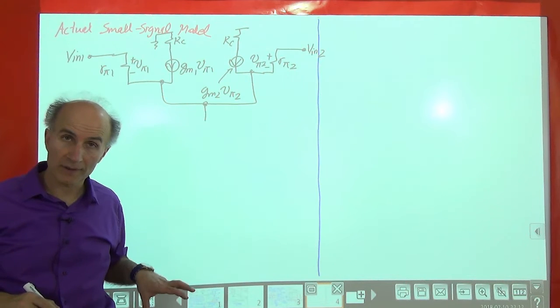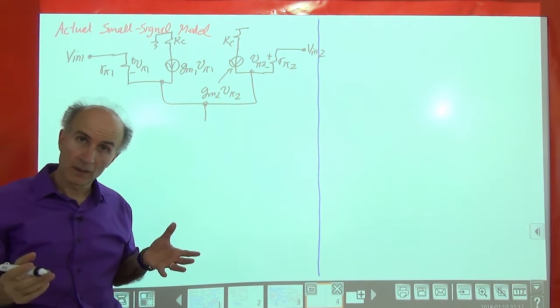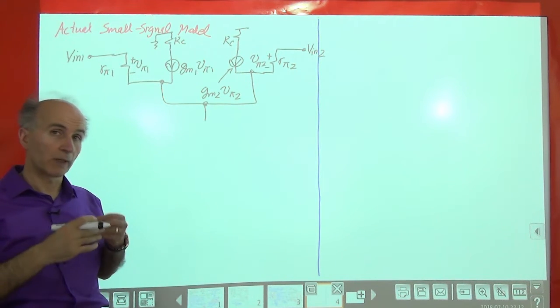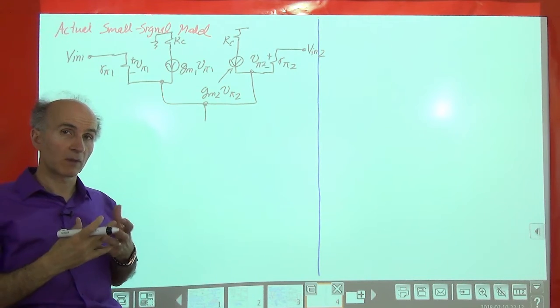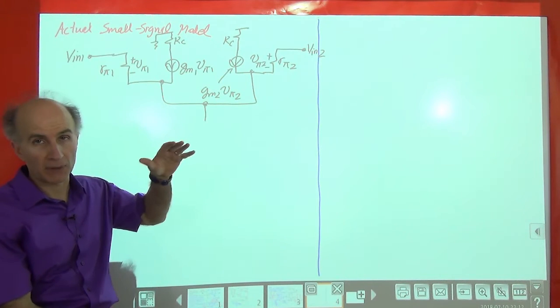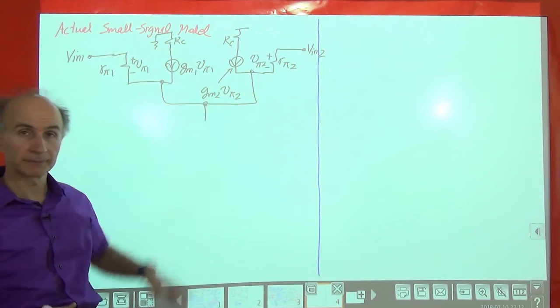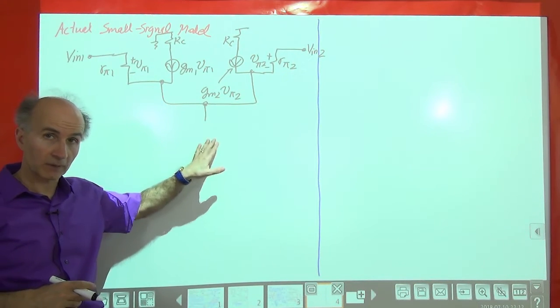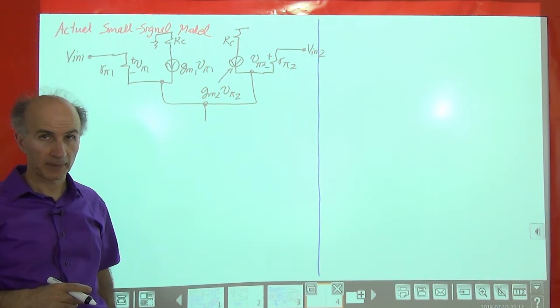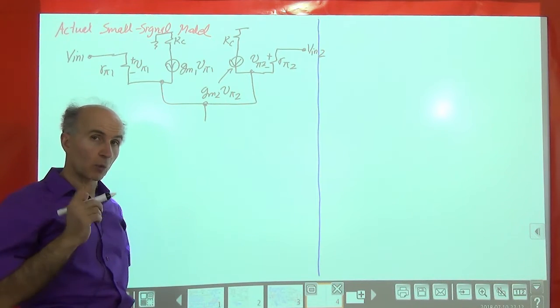The tail current source is constant with time, and it's independent. So when we replace it with a small signal model, it becomes an open circuit, so it's gone. There's nothing here. Okay, it's not shorted to ground, it's open. All right. But I know one thing.